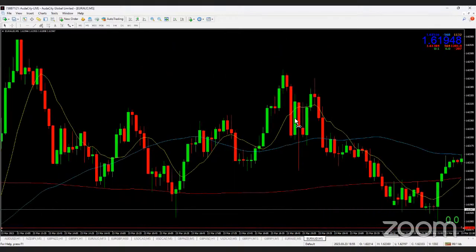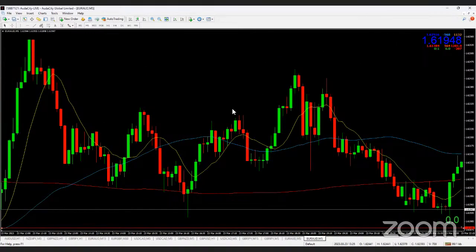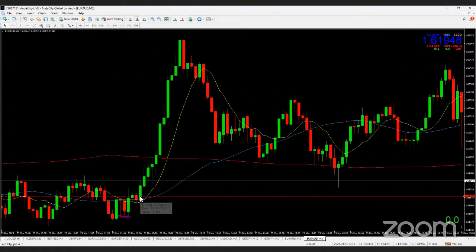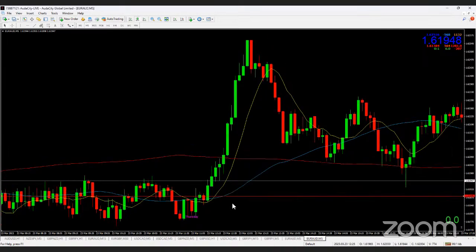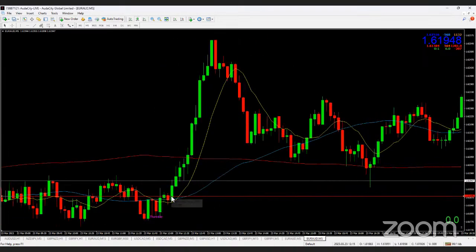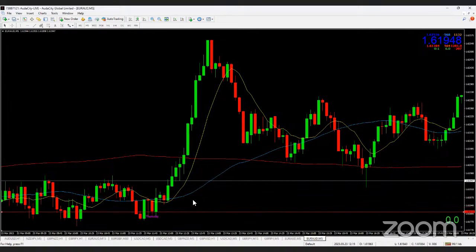Let's look for one more example to prove our point. As we've also learned lately, these are not big candles in a sense, but it's a continuous push up, a continuous move up.